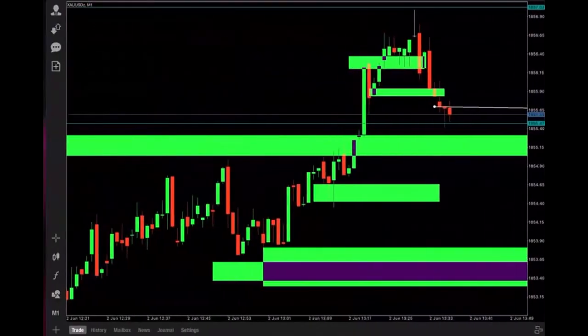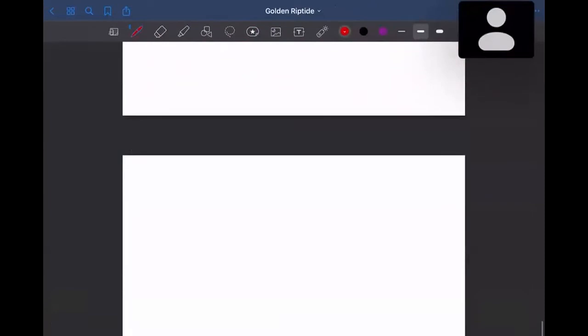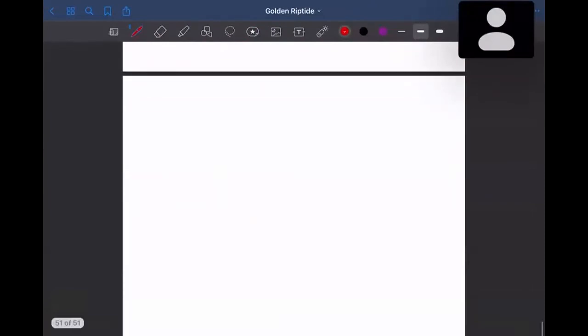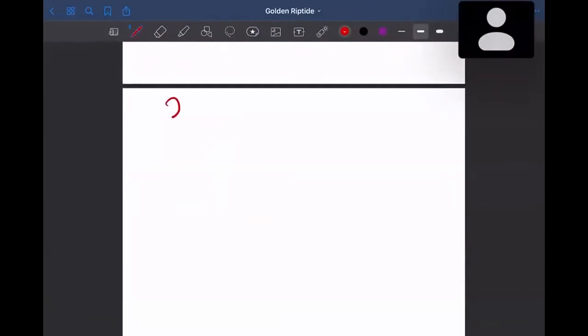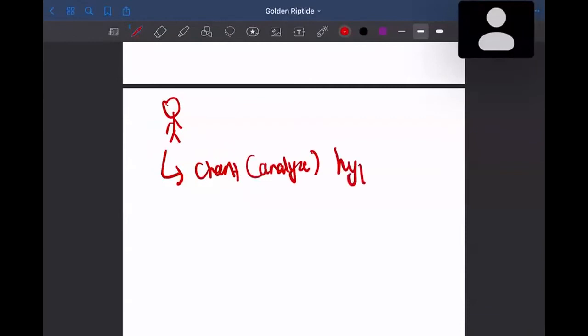For example, what you should do as a person is that day, open the chart and analyze, and you create a hypothesis. At the end of the day, you can check if it's true or false.